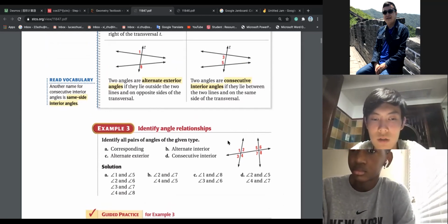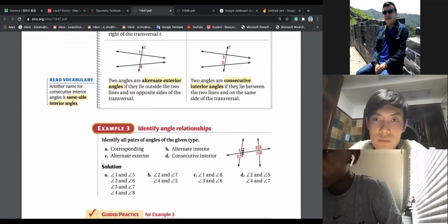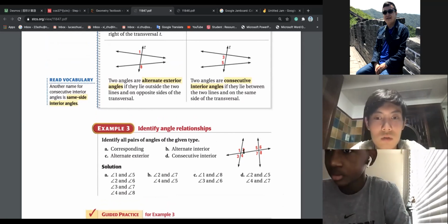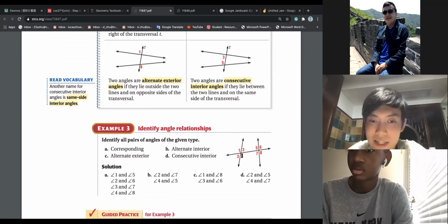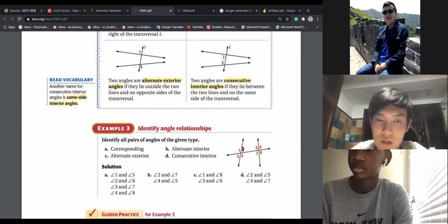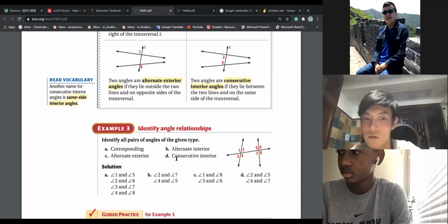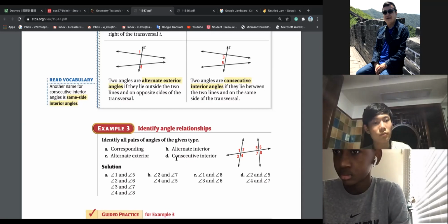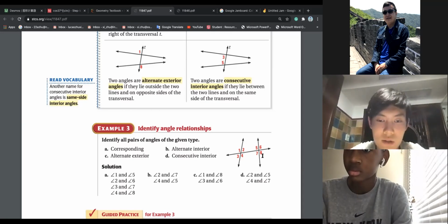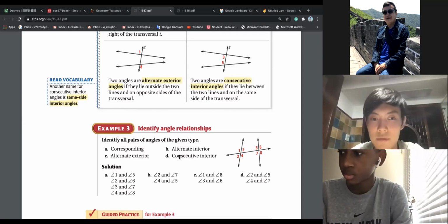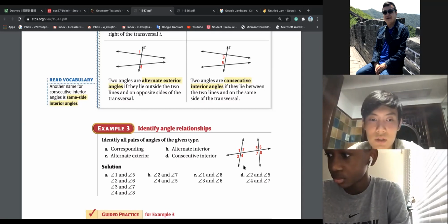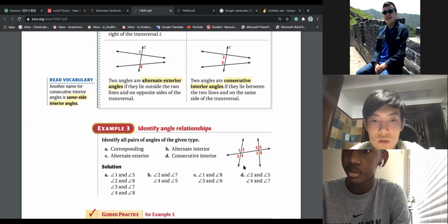Alternate interior? 2 and 7, because you have to find angles between the two lines, on alternate sides. Alternate exterior? 1 and 8, on different sides and outside. Consecutive interior? 4 and 7. Yep, exactly.